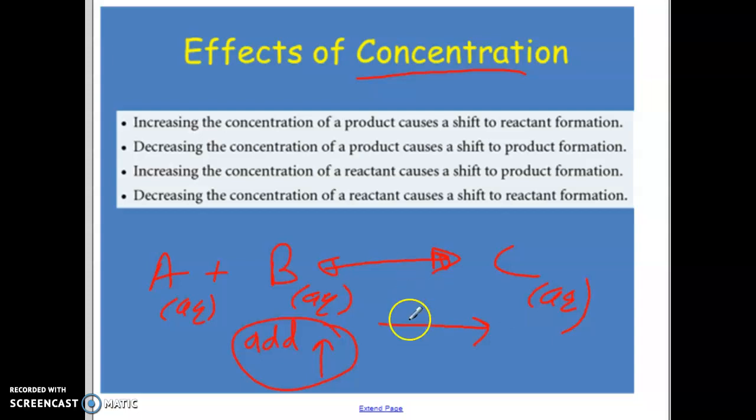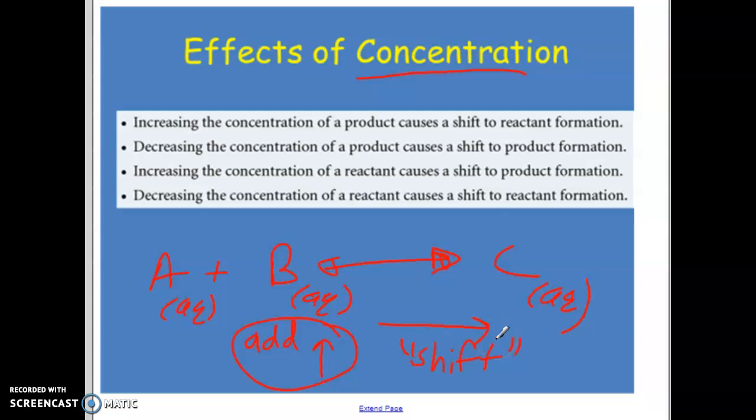So what ends up happening is we call this a shift. We say that we've caused an increase to the reactant's concentration. As a result, the rate of the forward reaction will increase. Sometimes we can call this a shift to the right-hand side, or a shift to the product side, or we're making a shift to make more product.